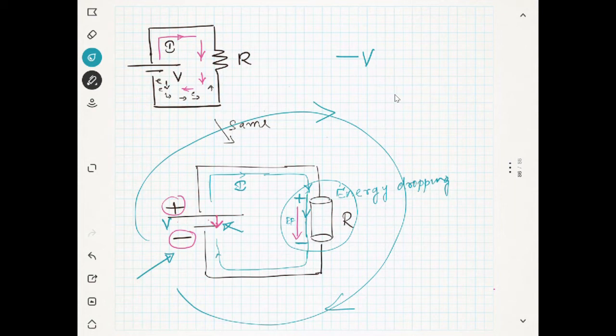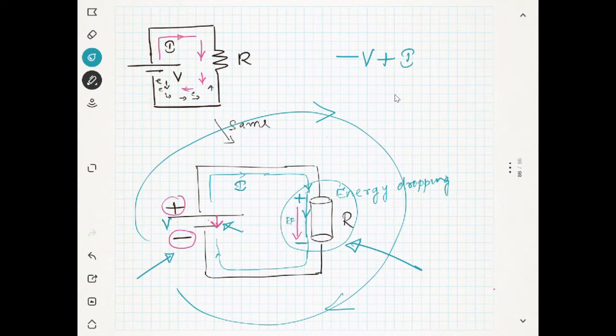And I am moving exactly in the direction of the electric field across this resistance R. If I move in the direction of the electric field, I will assume a positive sign, because I already assumed that if I move in the opposite direction, I assume negative. It is reasonable to assume a positive sign if I am moving in the direction of the electric field. So plus, how much voltage drop is there across the resistance?